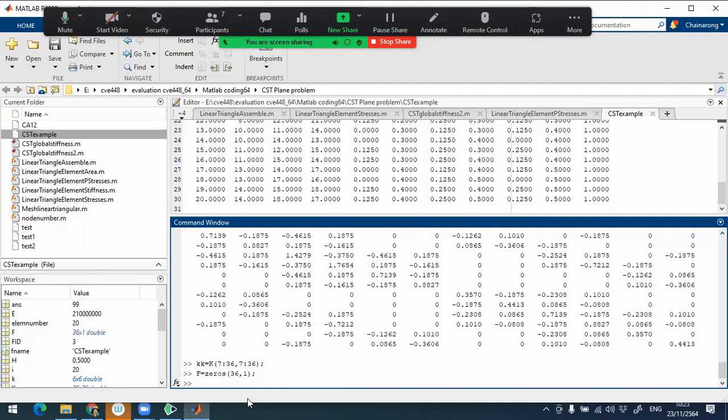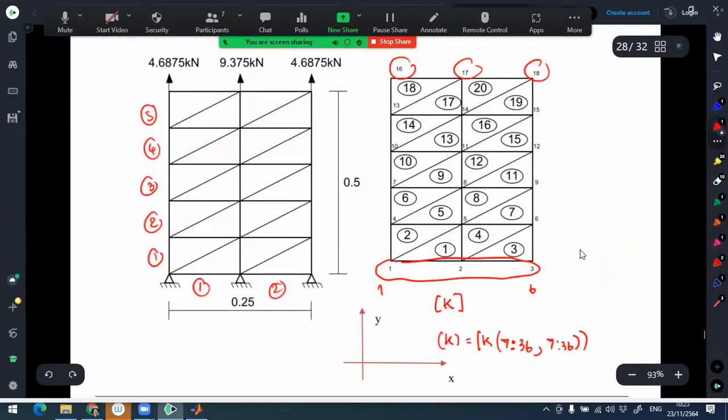Okay, and after that, the global force number 36. What does it mean? Number 36, because this is node number 18, right? And the applied force is in the y direction, so it should be the last one. This is the applied force of node number 18 in y direction, so it is the last component.